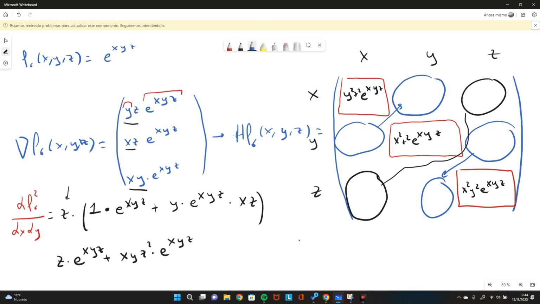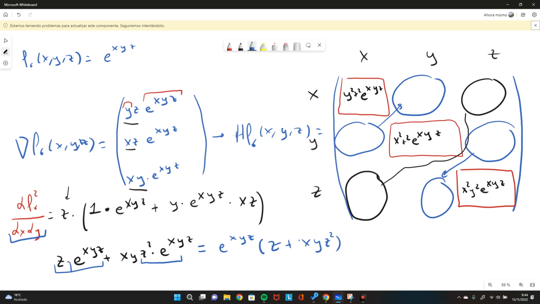Yes, we can take common factor of this and also of one of the z's here. And this, well, I don't think it's really necessary. Maybe we can take the e to the power of xyz maybe better, but it doesn't matter. Here is just z plus xyz squared, okay? It doesn't matter. The only thing I want is to see the commonality and the thing that actually makes this.